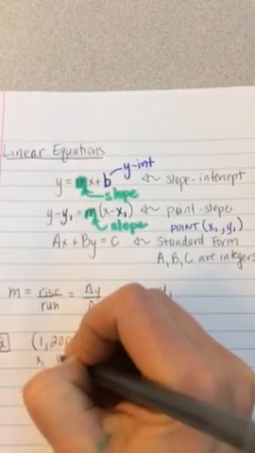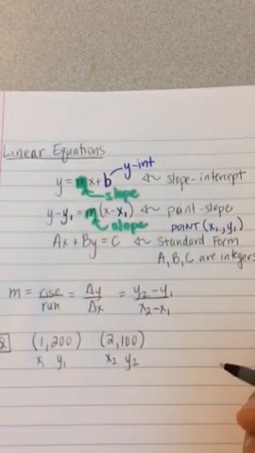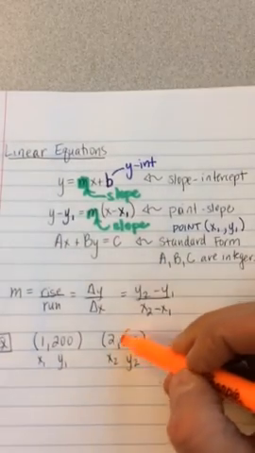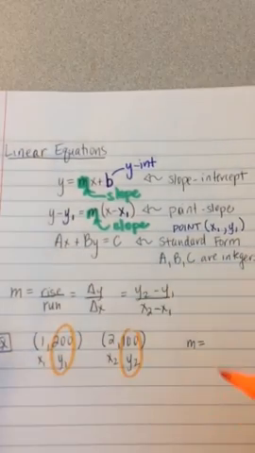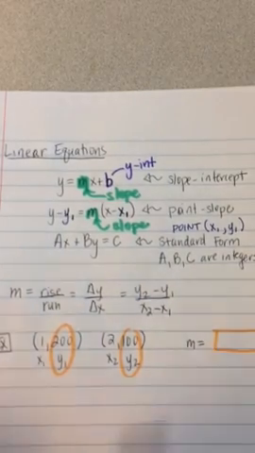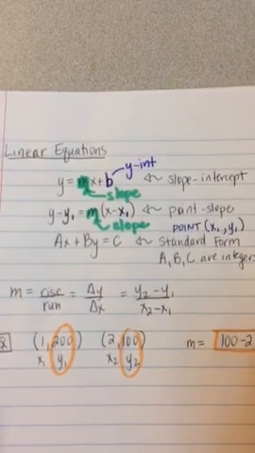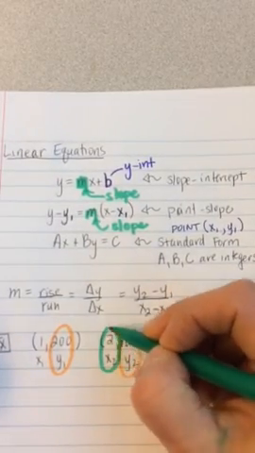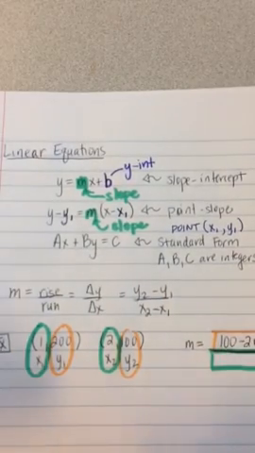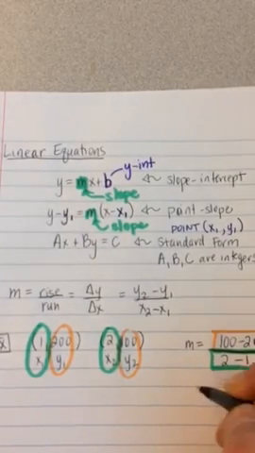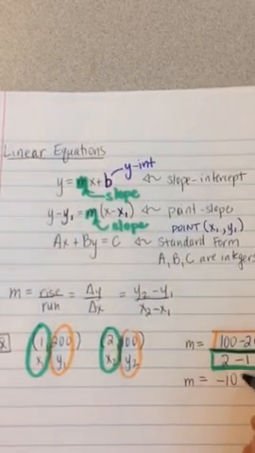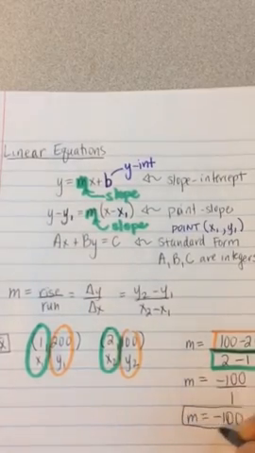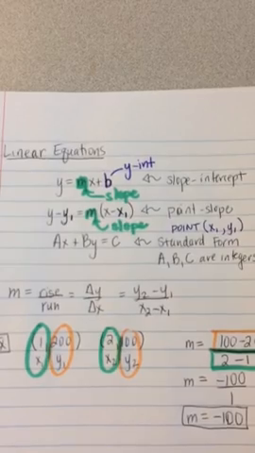I'm going to label them x1, y1, x2, y2, and then I can find the slope by doing y2 minus y1 in the numerator, and then in the denominator, x2 minus x1. So the slope of that line is negative 100.